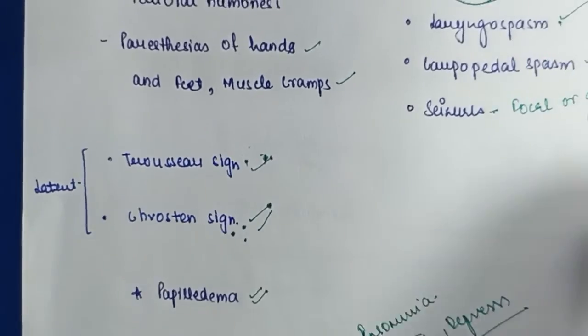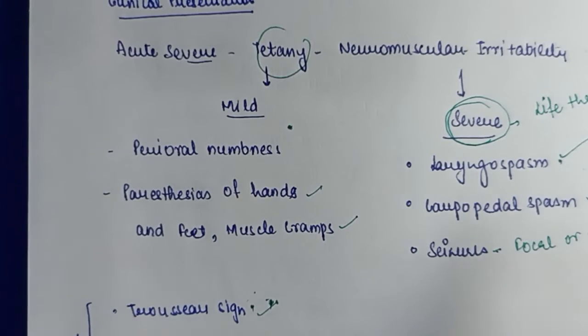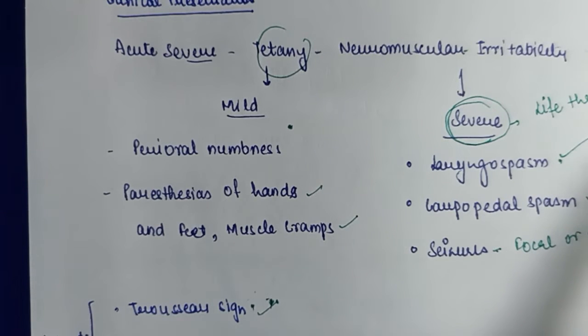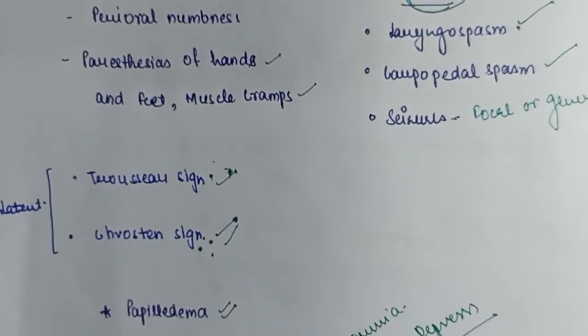So these are the various ways a patient with hypocalcemia can present to you. In mild form, it can be just perioral numbness, paresthesias of the hands, muscle cramps, and signs of latent tetany, the Trousseau and Chvostek signs. These signs are also very important.